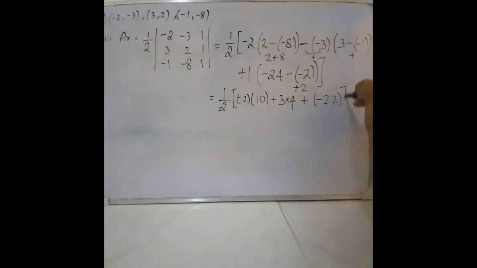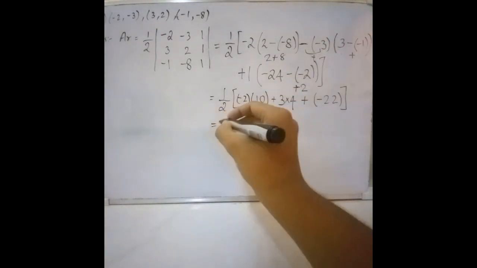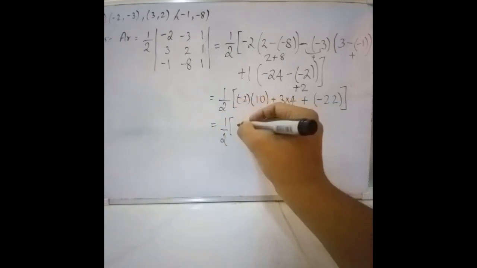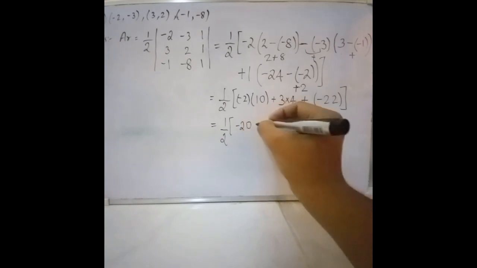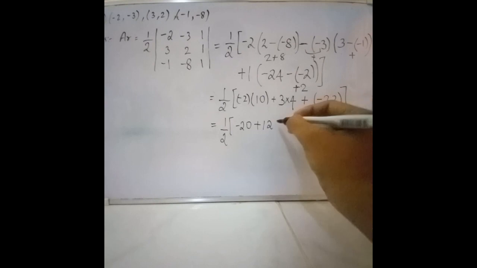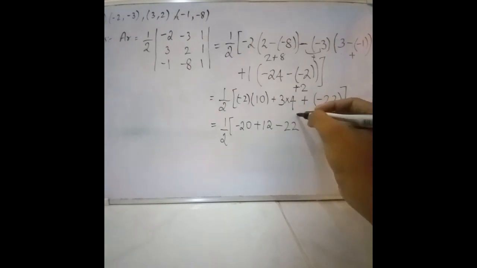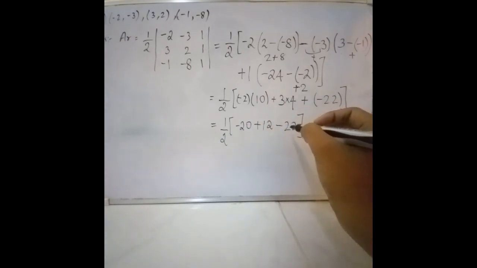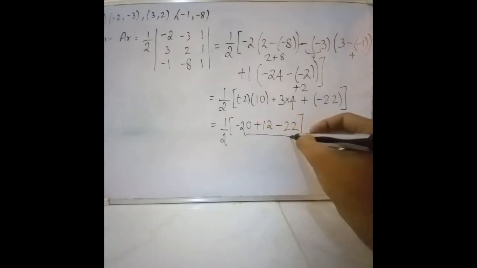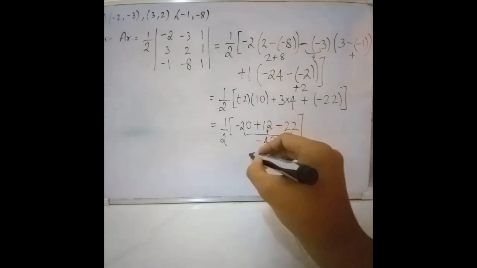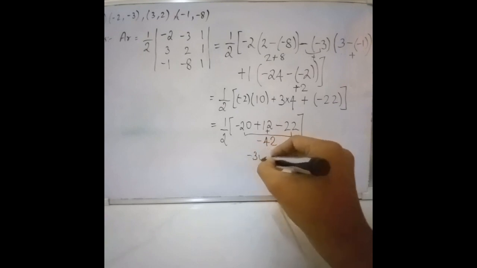Now do the calculations. -2 into 10 would be -20. Then 3 fours are 12. Now -22. Inside, it would be -20 -22, which if you add is -42, and -42 plus 12 would be -30.